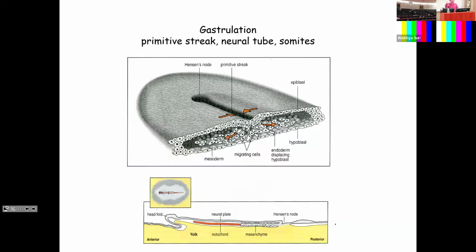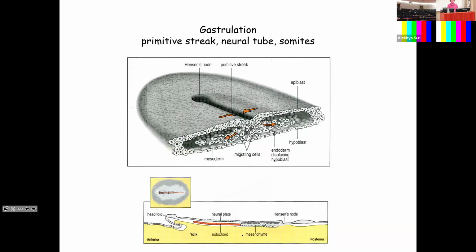When it regresses as a zipper and goes down, it forms what is called the neural tube, and we'll see more details about that.